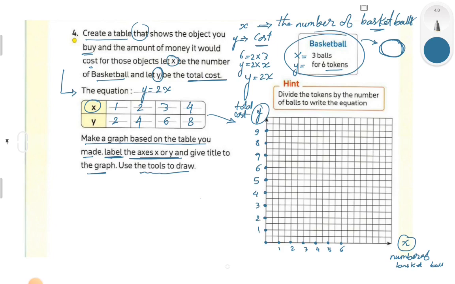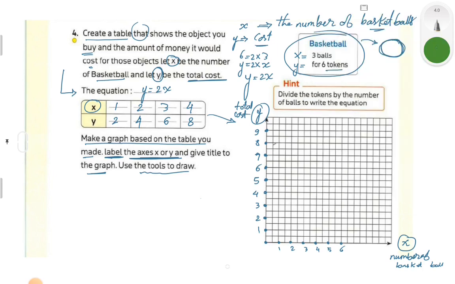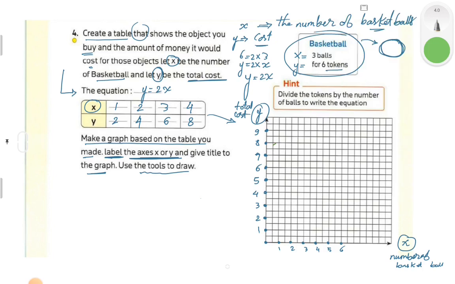Now to graph. The first ordered pair is 1 and 2: 1 on x and go up to 2, we will meet each other here, the first point.